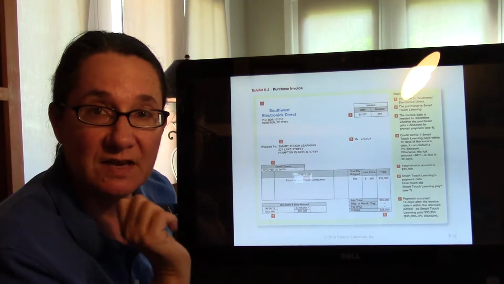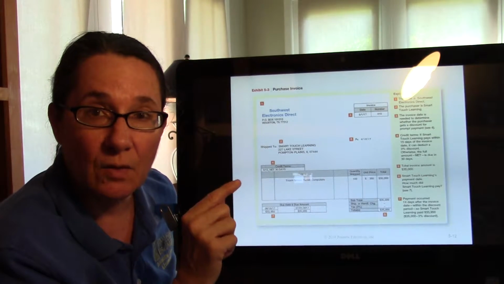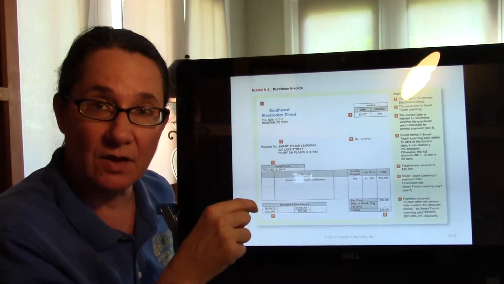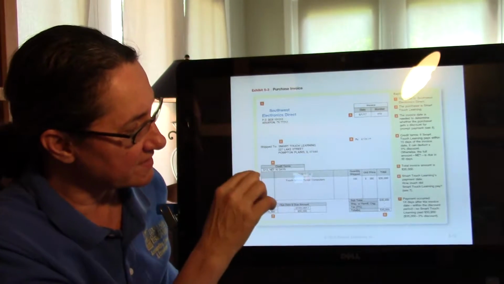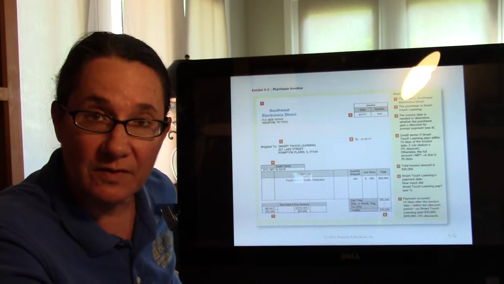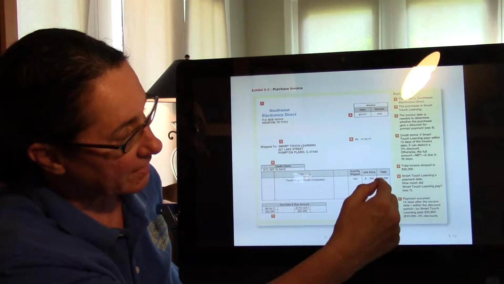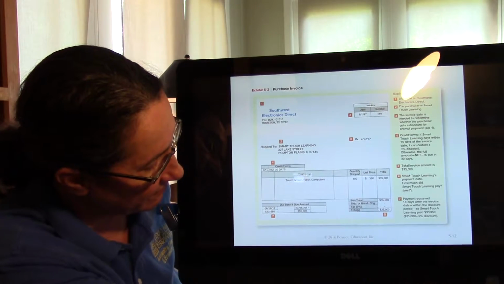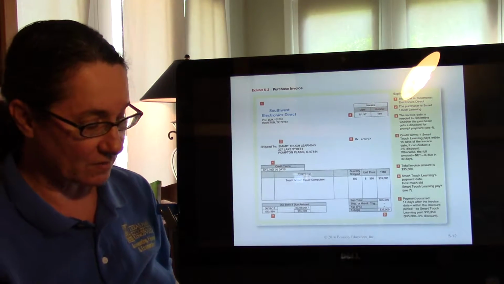That's what 3/15 means. 3% discount within 15 days. You might see 2/10, 2% discount within 10 days, right? So that's all that means. Then net 30 means, well, you have to pay it all within 30 days. All right, so they've ordered 100, that's $35,000 worth of stuff.